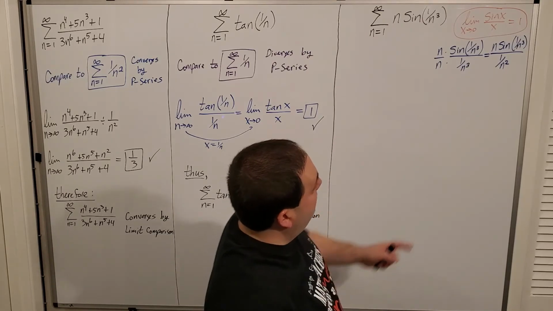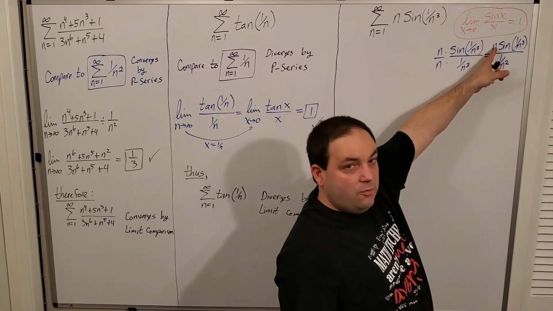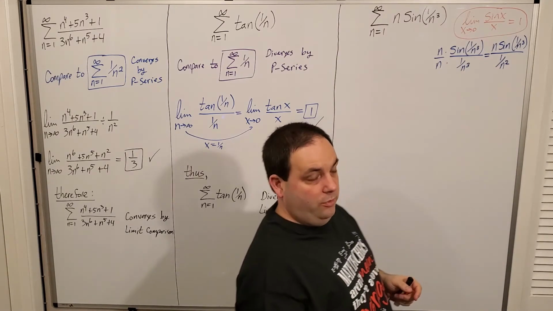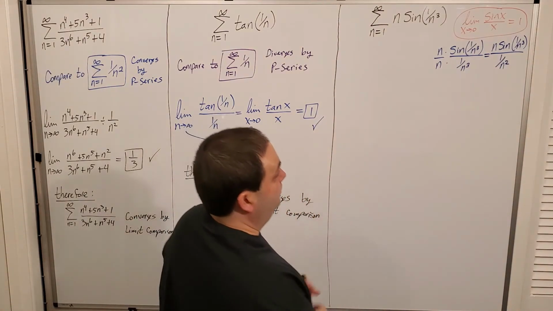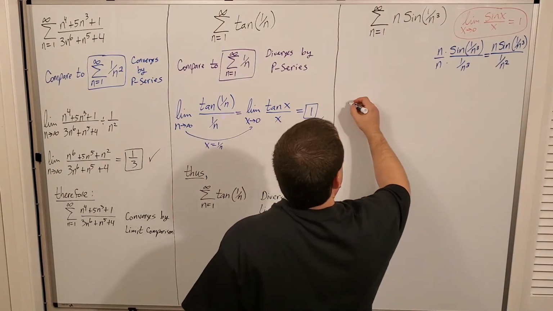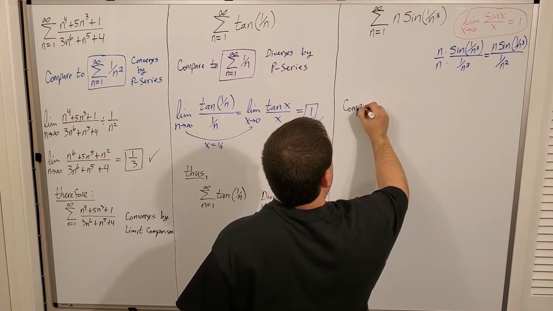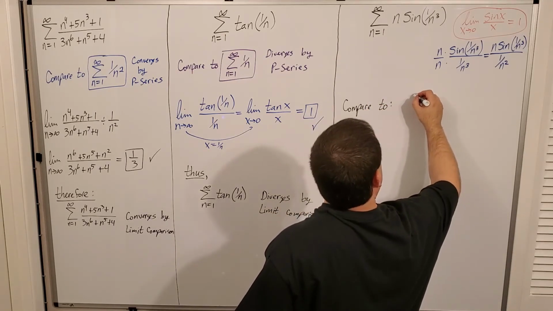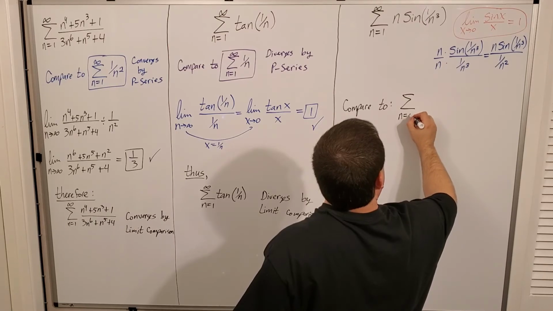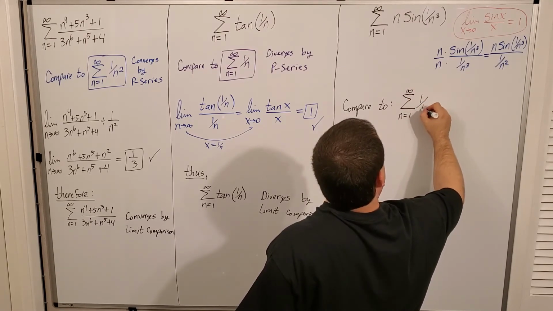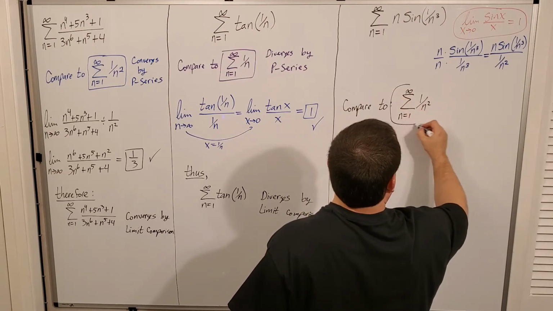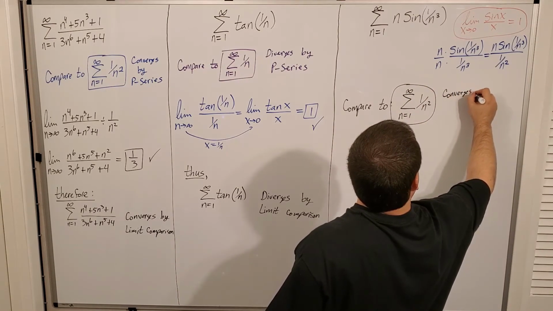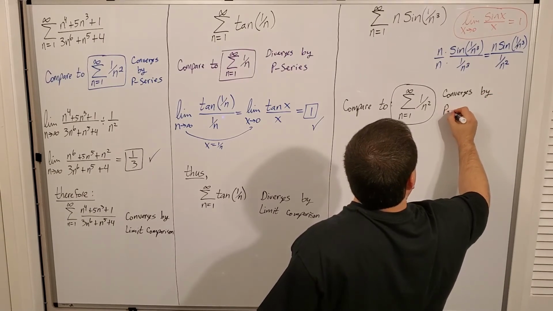So it looks like what I need to compare this series to is the sum of 1 over n squared. And that's what I'm going to do. So compare to the sum n equals 1 to infinity of 1 over n squared. And I know that this one converges by p-series.